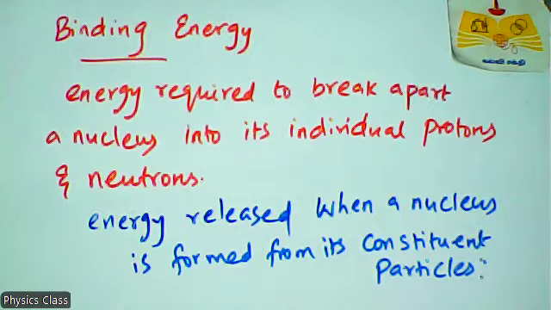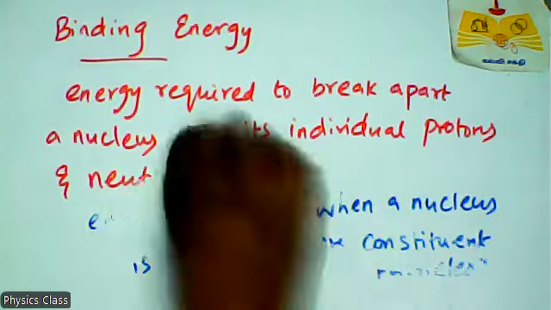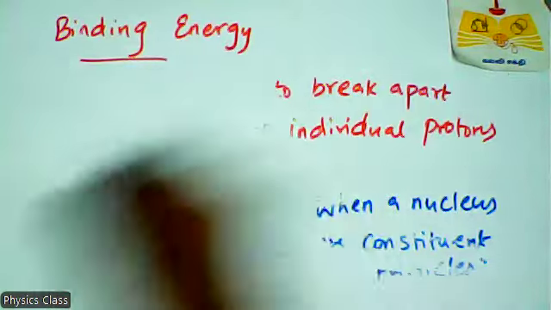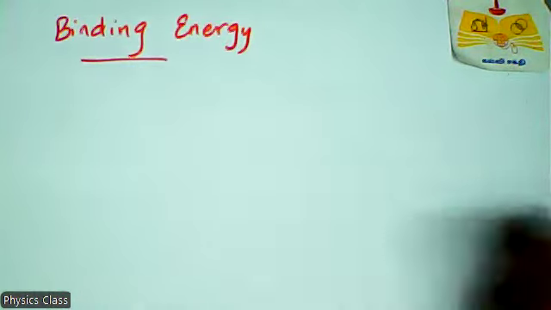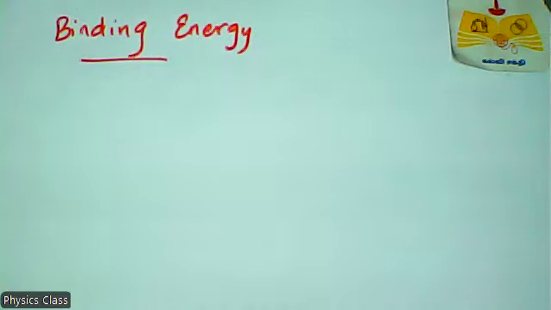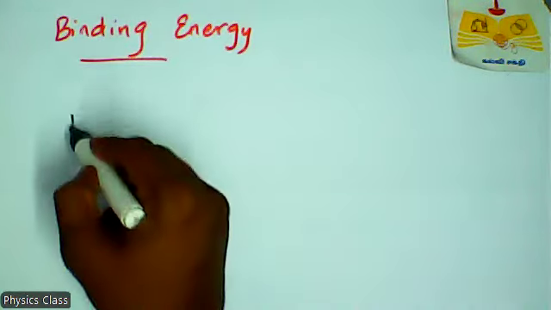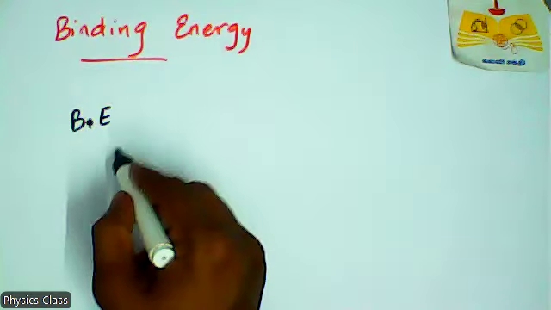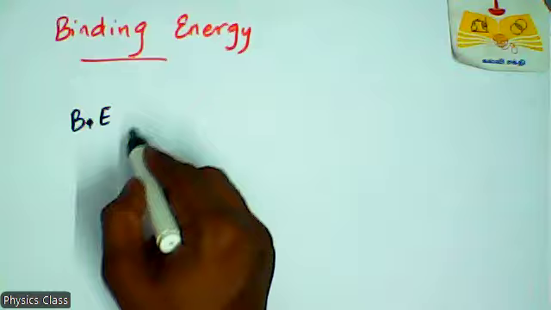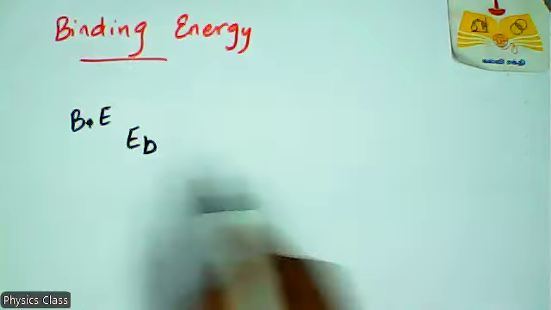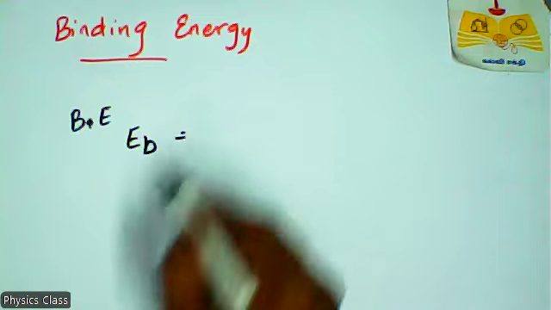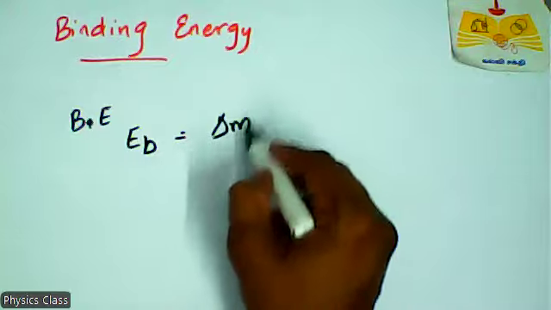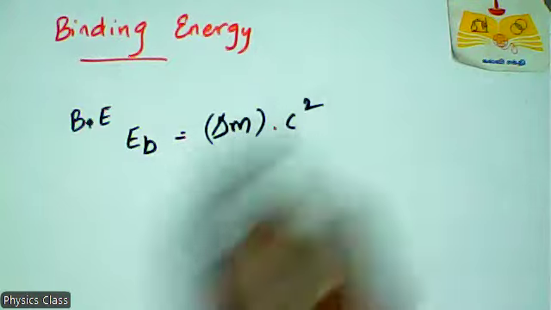Okay. So now let's dive into the equations. Binding energy, which may be denoted as EB, is nothing but mass defect times c squared.